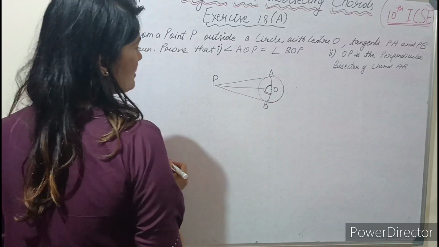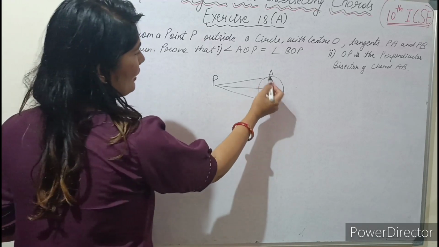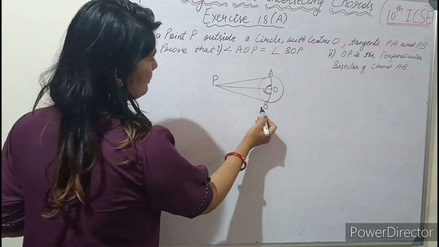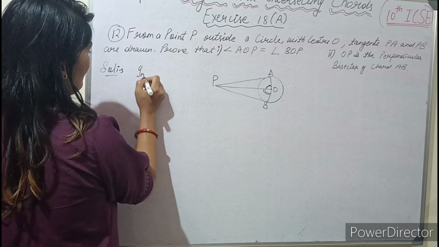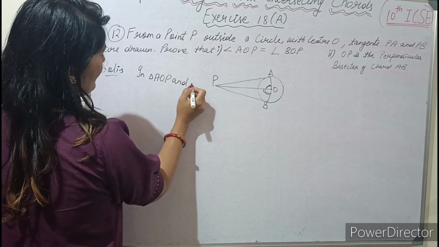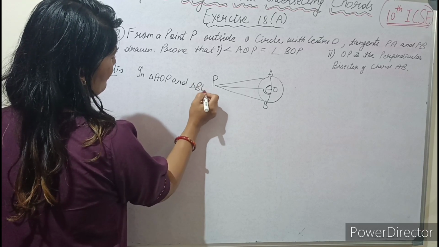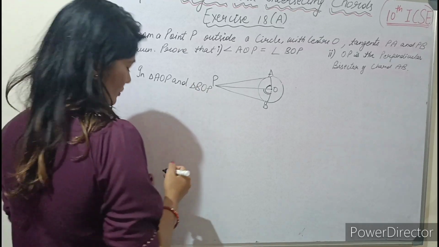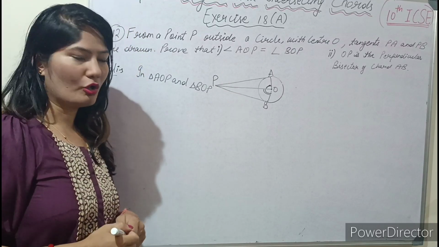So in this case you will take two triangles, triangle AOP and triangle BOP. You have to make these two triangles congruent.